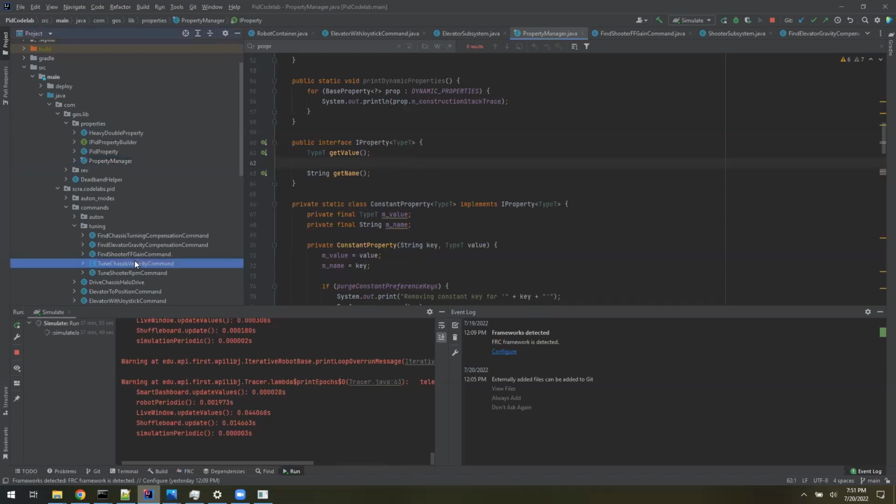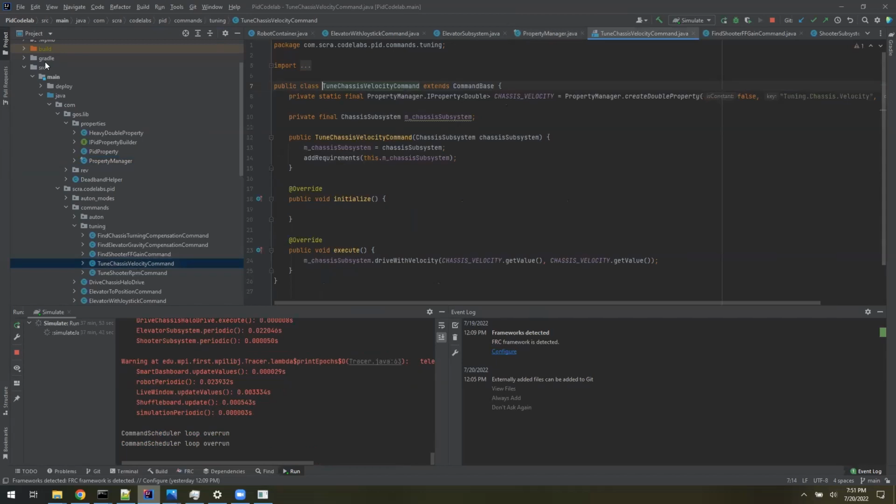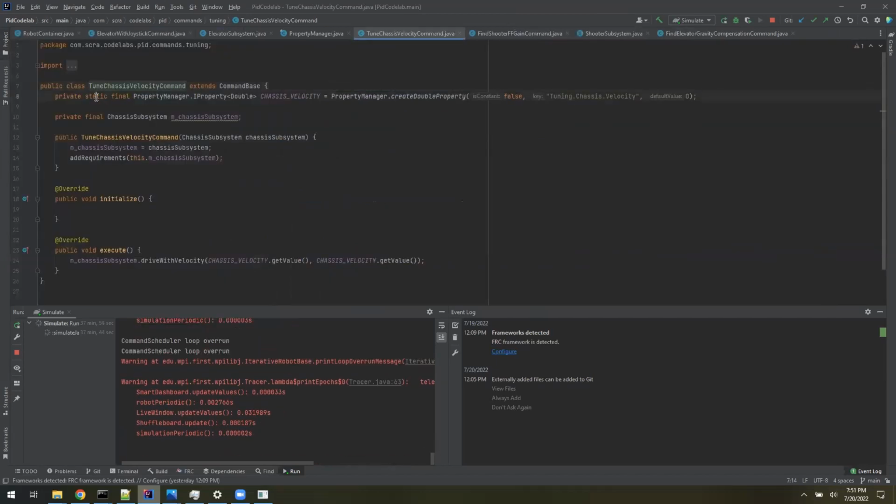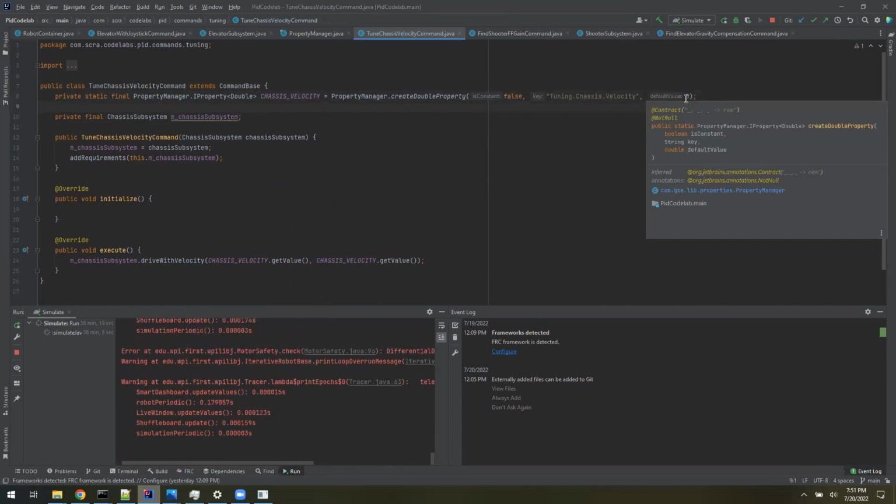So the way that we interact with this, it's a class, it's an object, right? When we create it, we can say, if it's constant, it's just going to use whatever this value is. If it's not constant, it will use this as a default, but then we can change it from the network tables.